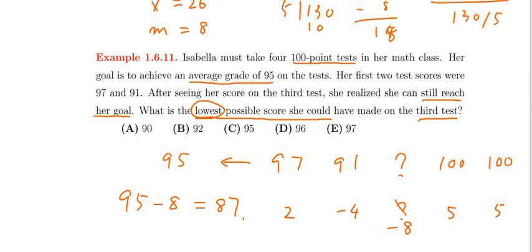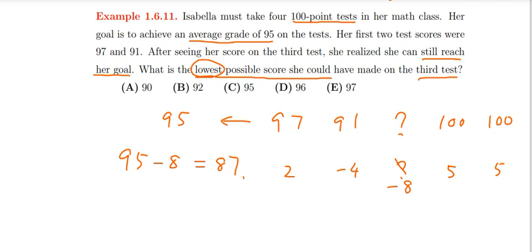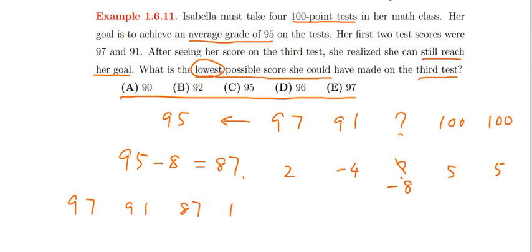Let's see, what is the lowest possible score she could have made? The problem has some problem. Yeah. So the answers are not correct. Let's check this problem. Suppose her scores are 97, 91, 87, 100, 100.